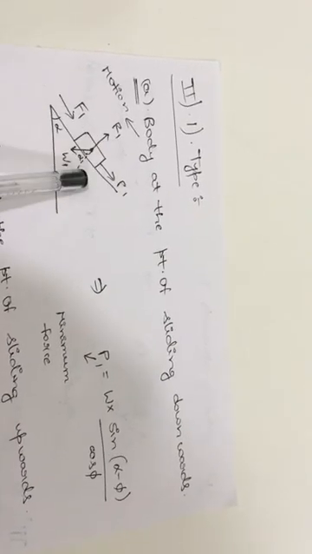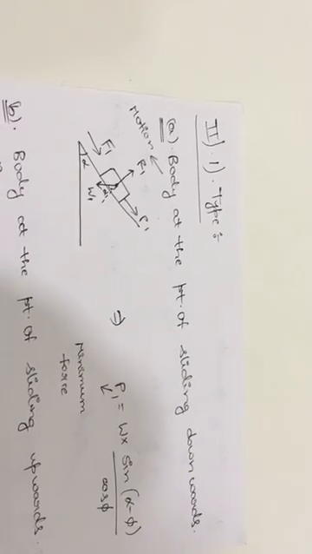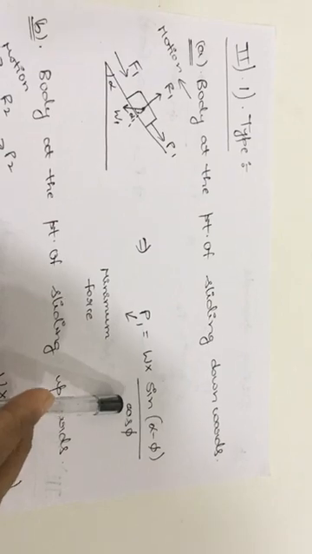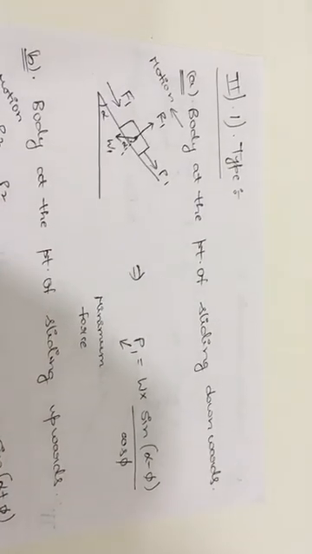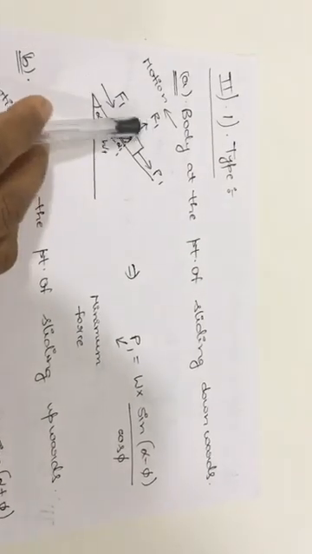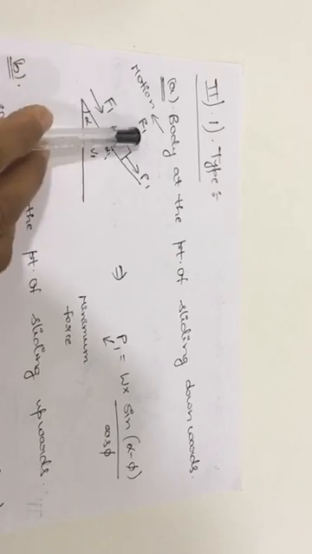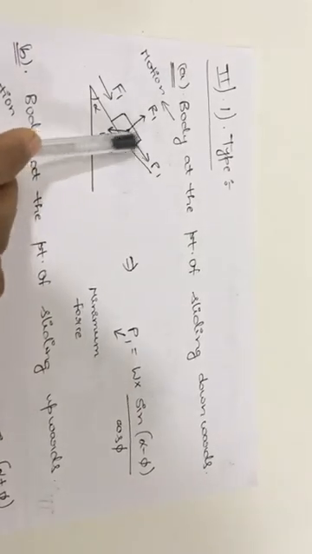So in this combination, for this diagram, if you apply all the equilibrium conditions, sigma H equal to 0 and sigma V equal to 0, you will get this P1 value as in this formula. Here P1 is nothing but the minimum force, which will keep this body in the equilibrium condition when it is at the point of sliding in the downward direction.